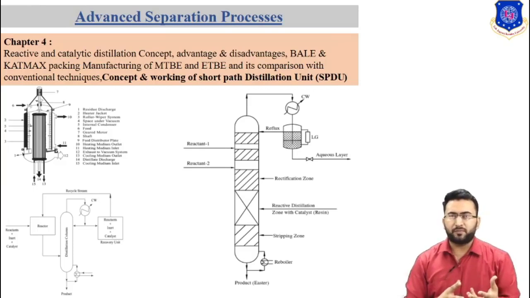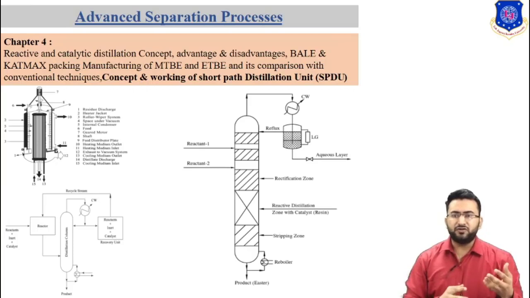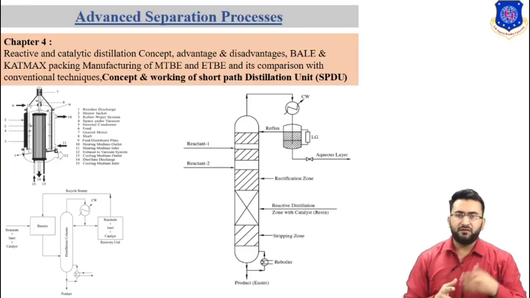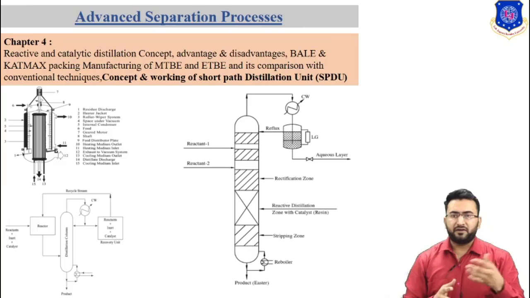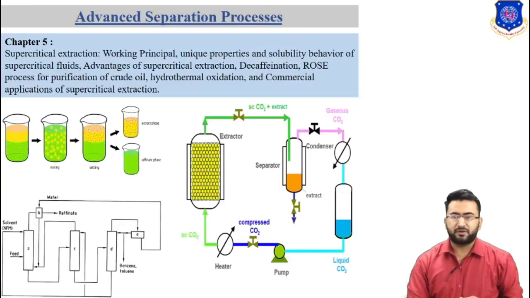Now if we want to separate a thermally degradable component, we cannot use simple distillation. If a component is thermally sensitive, then it will be degraded. For that, we use the short path distillation unit, in which the path is shortened by providing an internal condenser in the distillation column. So we'll talk about short path distillation and reactive catalytic distillation in chapter number 4.